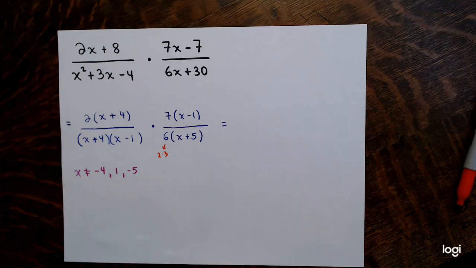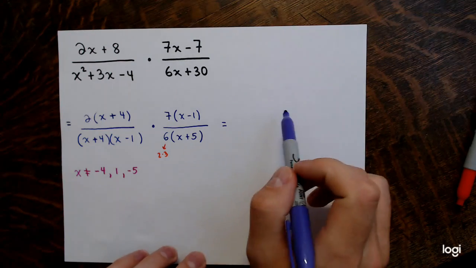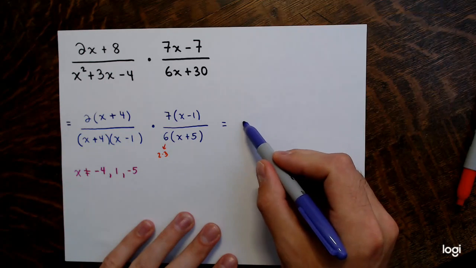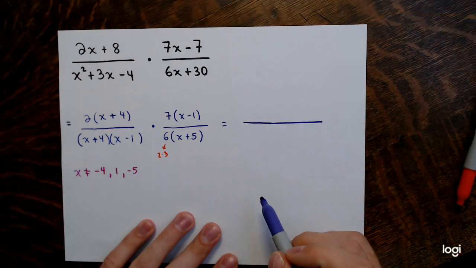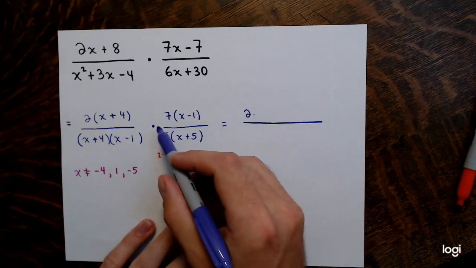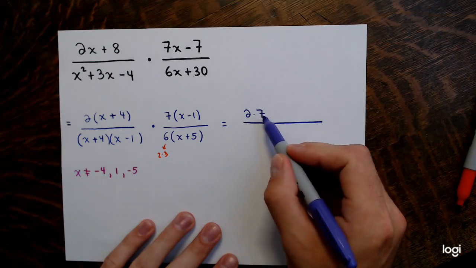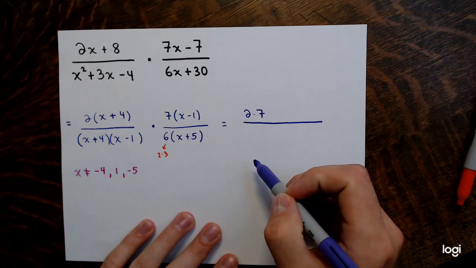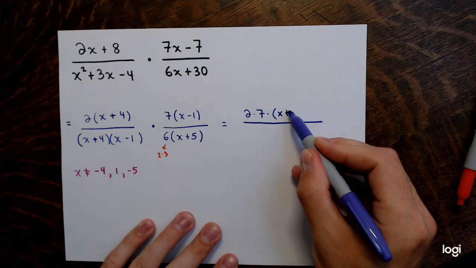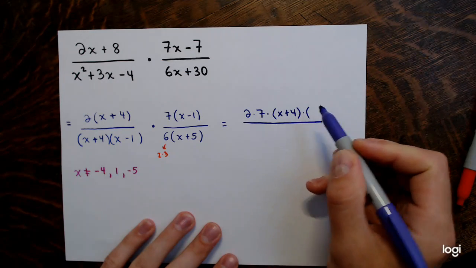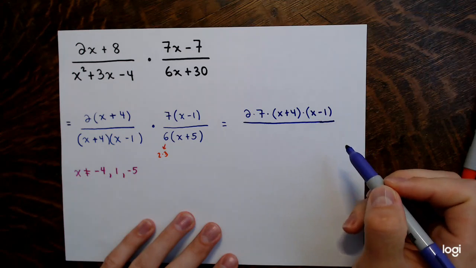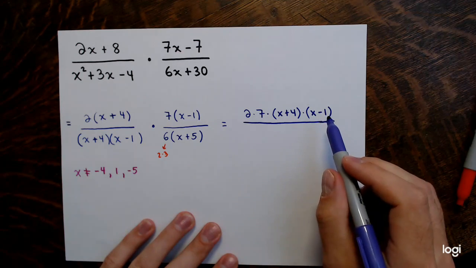Alright, so now comes the multiplication step, where I'm just basically listing the factors. I multiply the numerators, multiply the denominators, and we just get one big fraction. So in the numerator, I've got a factor of 2 times, and then there's a factor of 7. And I like to put the numerical factors first, times, and then there's this factor of x plus 4, times, and then this last factor up here, x minus 1. Okay, there's the numerator, right?